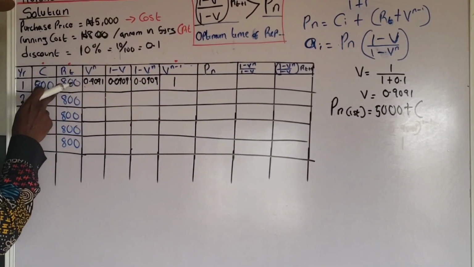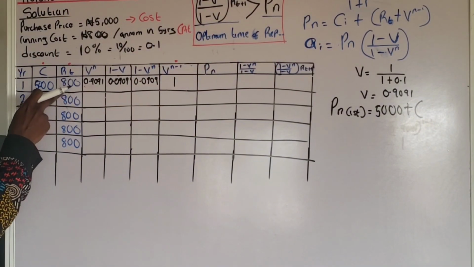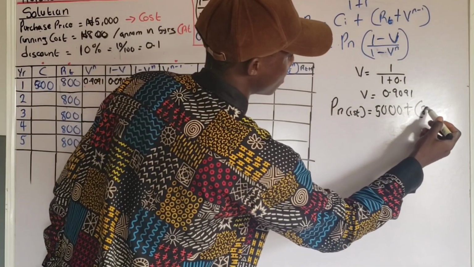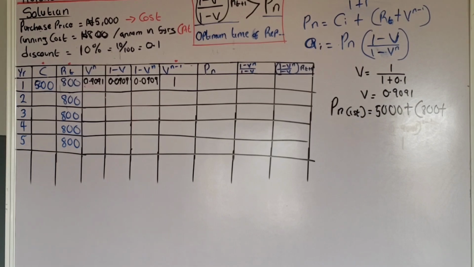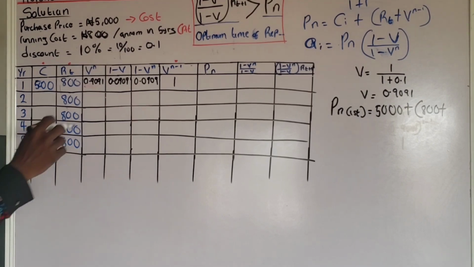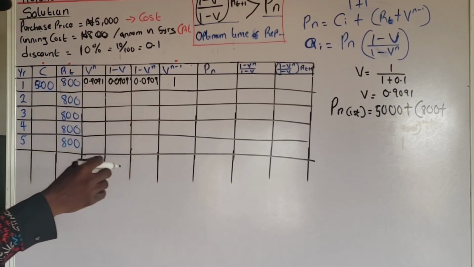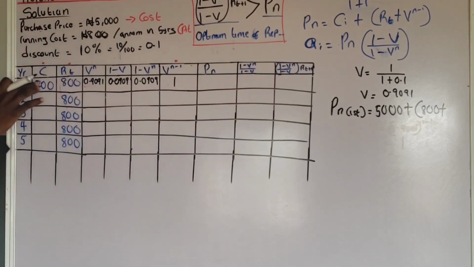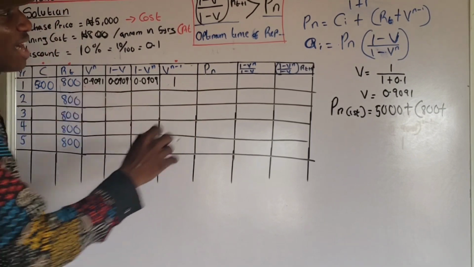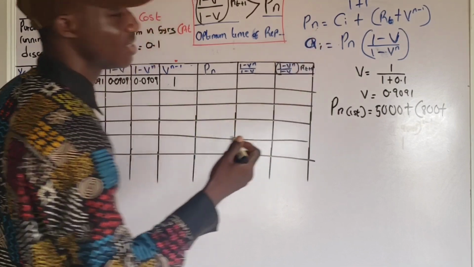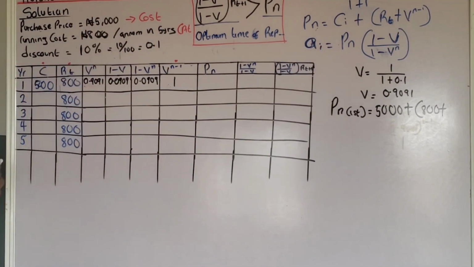Don't forget that Rt is 800, times V raised to the power of n minus 1, which is 1. Everything on this column is with respect to the first year. So I want to determine the Pn of the first year, and Pn is given by this formula, where Ci is the initial cost, because there is no cost before the cost of the first year.